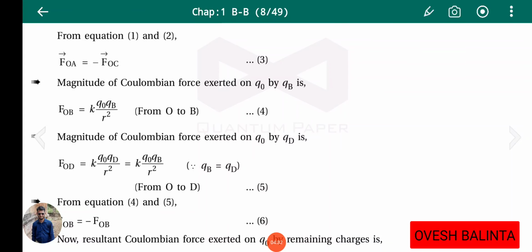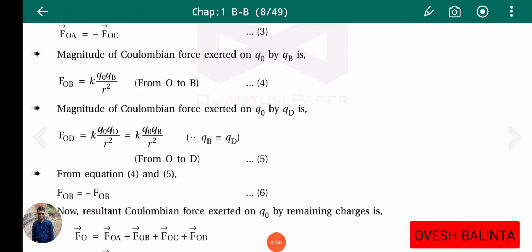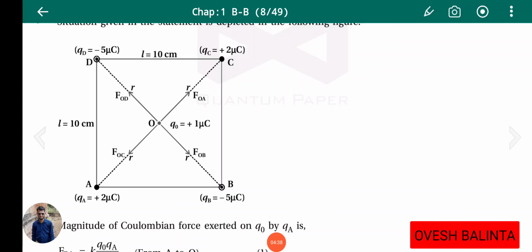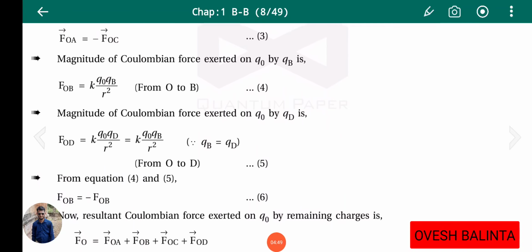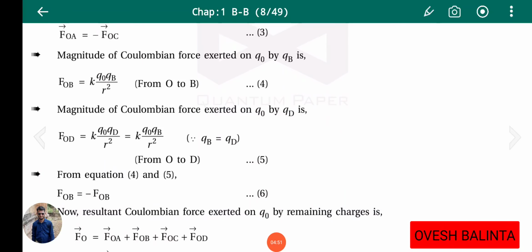Now we discuss the magnitude of the Coulombian force acting on Q0 by QD. From Q0 to QD, how much force will be there? Again FOD is equal to K Q0 QD upon R square.